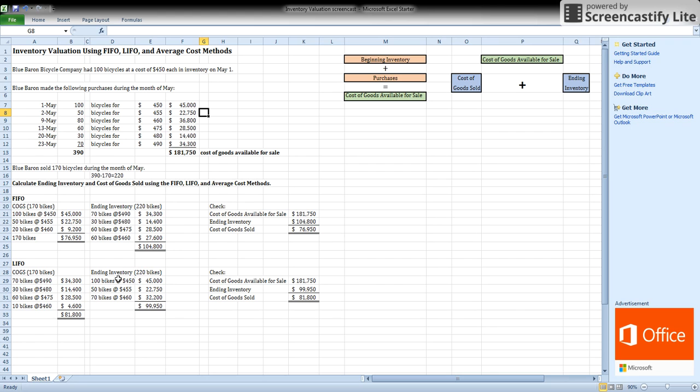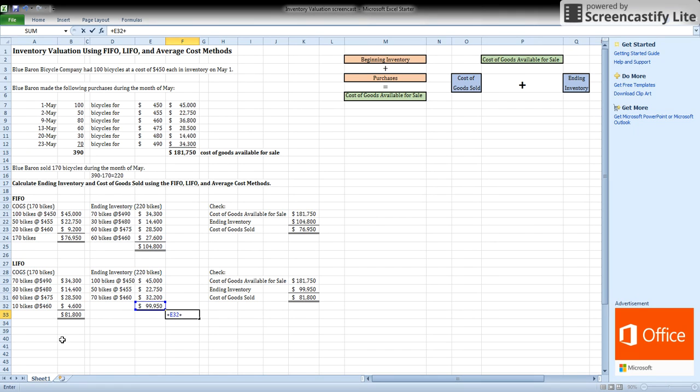And then finally, that gets us to 150 bicycles. We need to be at 220 bicycles in ending inventory. So 70 of the 80 bicycles that we purchased on May 9th remain in ending inventory, which of course makes sense since 10 were sold of the 80. So if you add that all together, we end up with $99,950 worth of inventory in our ending inventory.